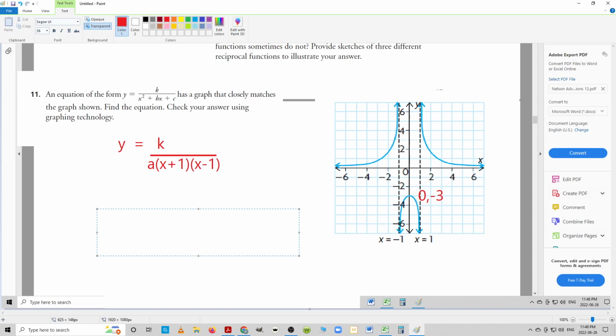So the parabola is going to have a, let's focus on this. Let us try it first. Because we have two variables, we need two x values.